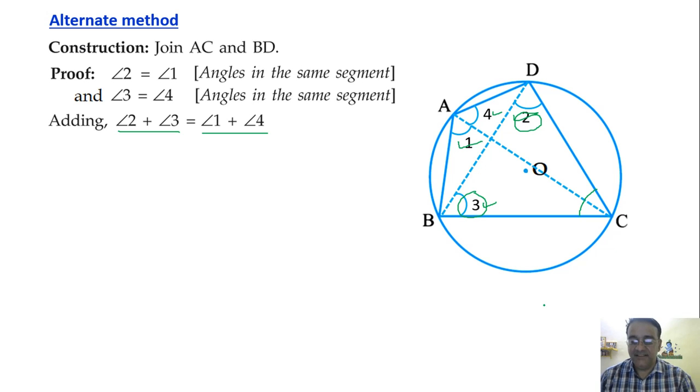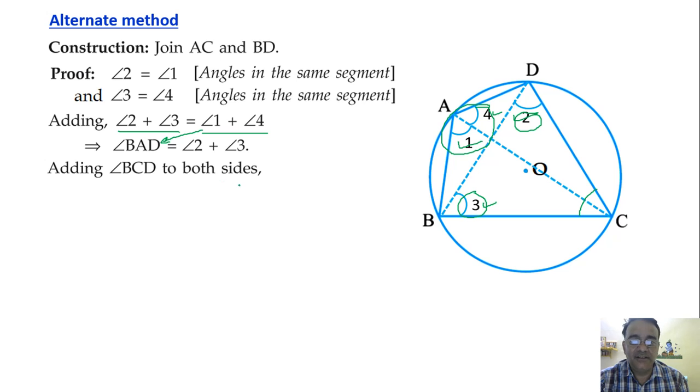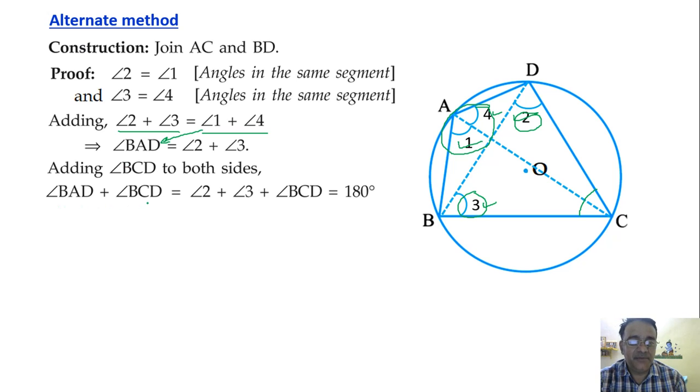180. Why 180 degrees? Angle sum property of triangle. Very good. Now I am replacing angle 2 plus angle 3 by angle BAD, because angle 1 plus angle 4 is equal to angle 2 plus angle 3. Now we will add angle BCD to both sides. So angle BAD plus angle BCD is equal to angle 2 plus angle 3 plus angle BCD, and this is equal to 180 degrees.